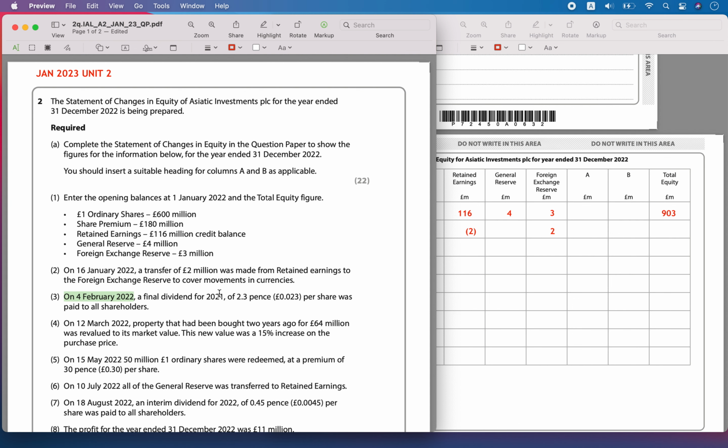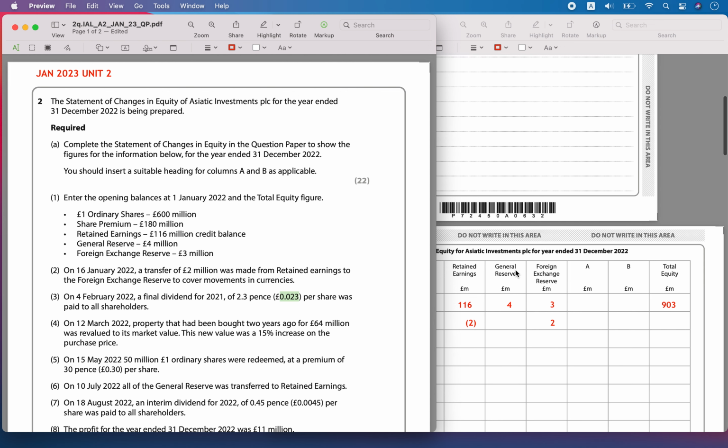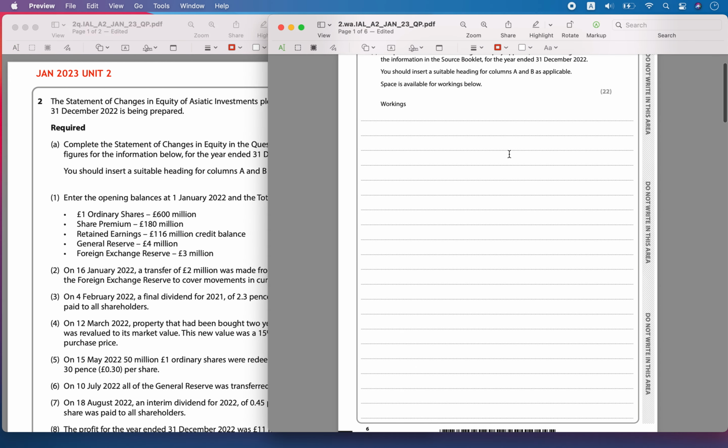On 4th February 2022, a final dividend for 2021 of 2.3 pence per share was paid to the shareholders. So now let's calculate: 0.023 times the number of shares will give the value of the dividend issued. So here we can do the working.